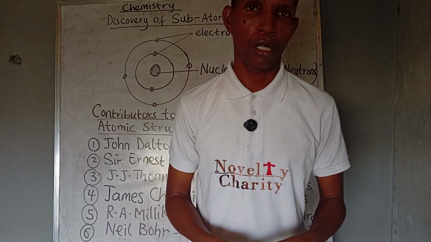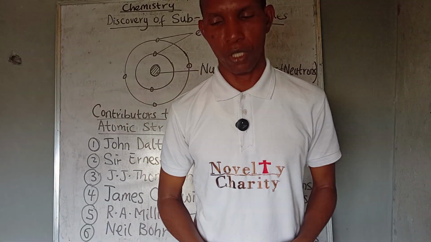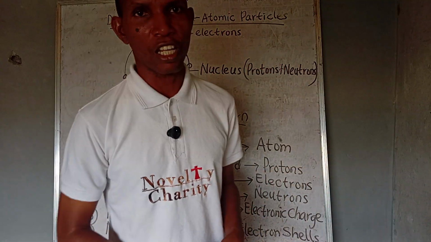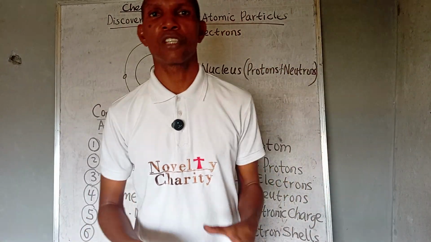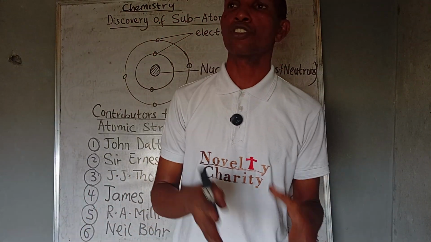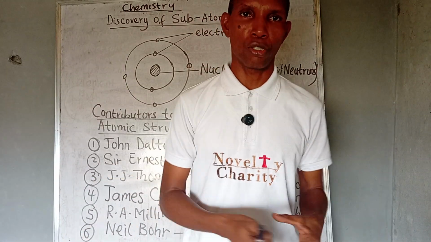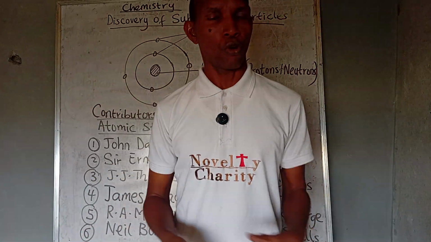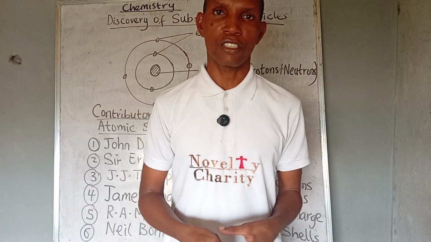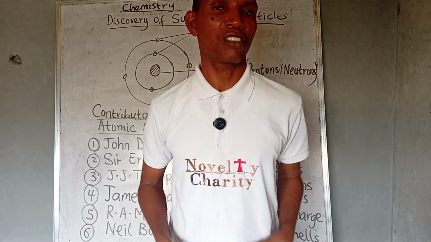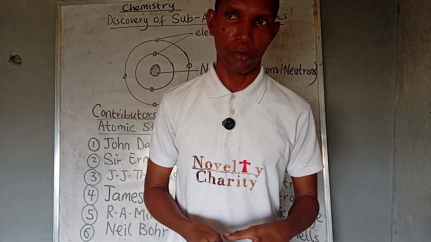Now, John Dalton had no idea of protons, electrons, and neutrons. That was why he propounded the Dalton atomic theory. And to his own understanding, an atom should be the smallest indivisible particle of an element.